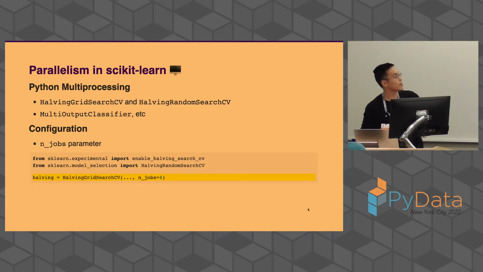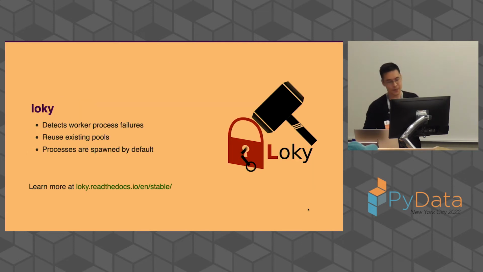The reason why this is multiprocessing is because you don't know whether the machine learning model you're using will release the GIL or not. So you're stuck with multiprocessing here. Multiprocessing uses something a few scikit-learn developers developed called Loky, which is Python multiprocessing, but better.